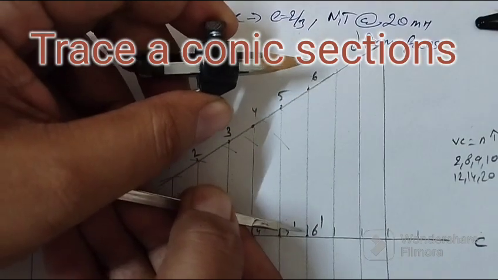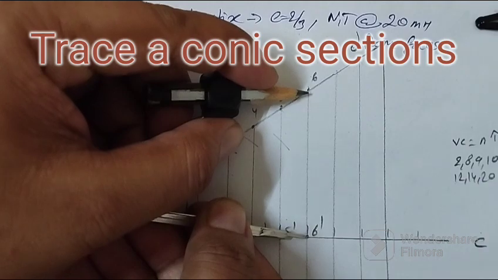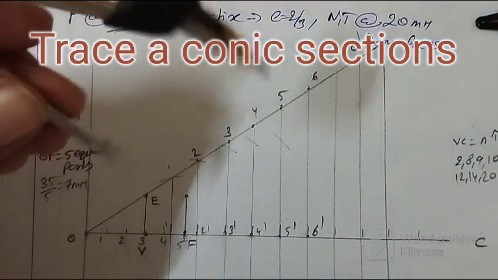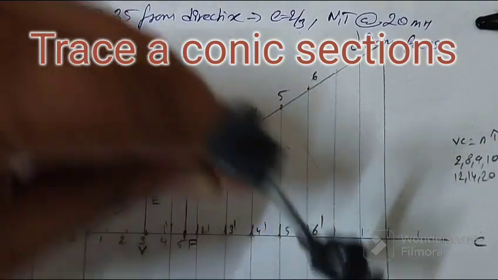Next, measure 6 and 6 dash, and with F as center, cut 6 and 6 dash.